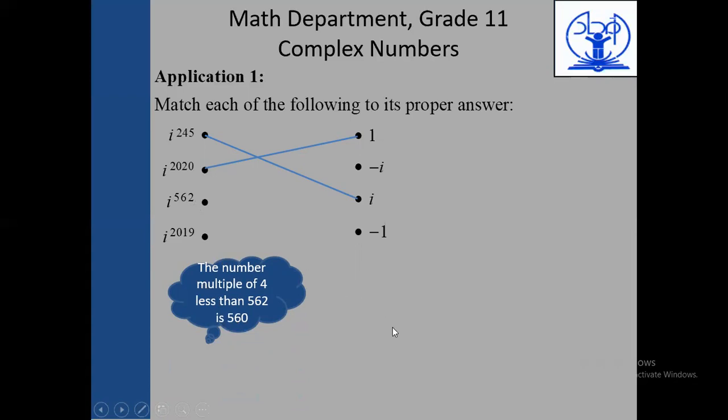So i to the 560 will give 1, and you will be left with i squared, which is minus 1. Finally, i to the 2019: the largest multiple of 4 less than 2019 is 2016. So i to the 2016 will be 1, and you will be left with i cubed, and i cubed is again minus i.